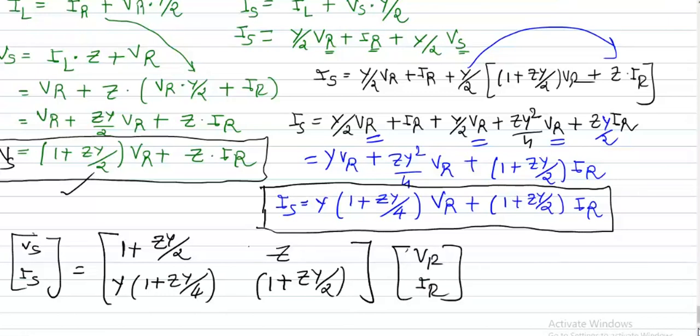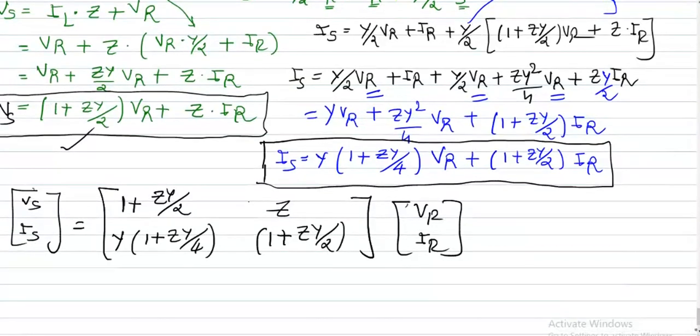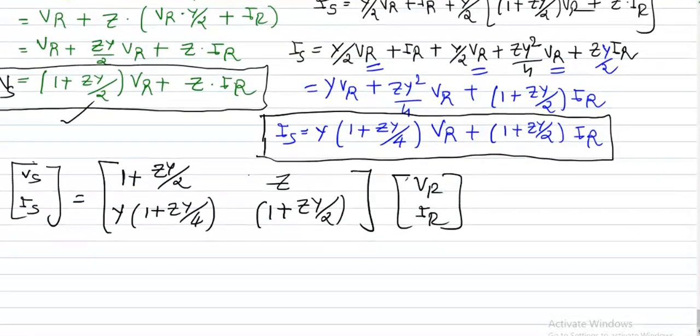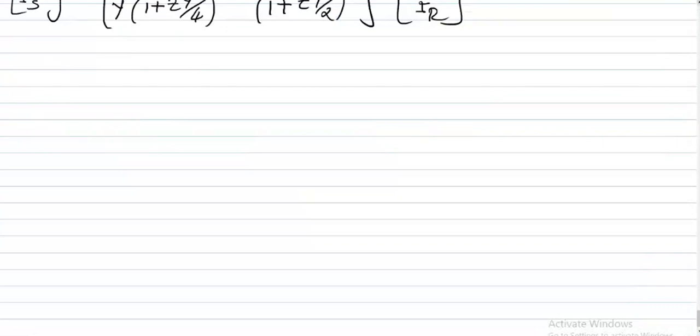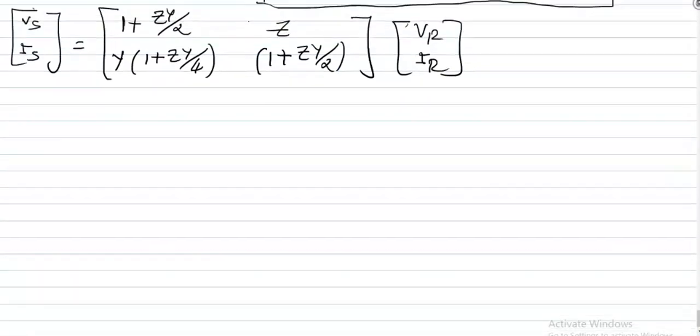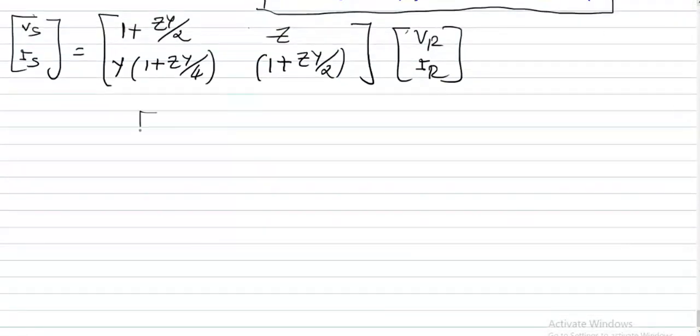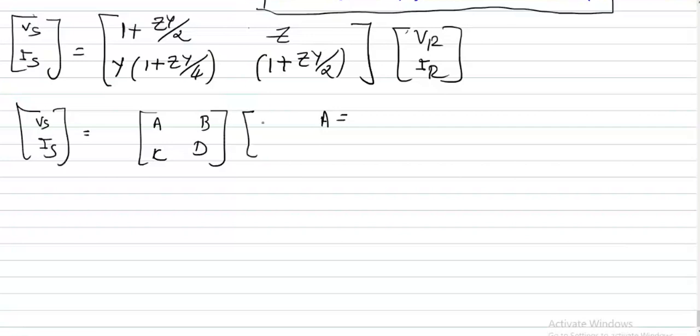Now what about the ABCD parameters? So if we compare with the above equation, so we have A equal to, this is like this, right? I am not writing it, so there is no confusion.